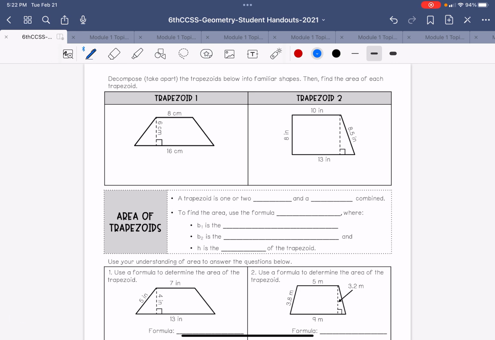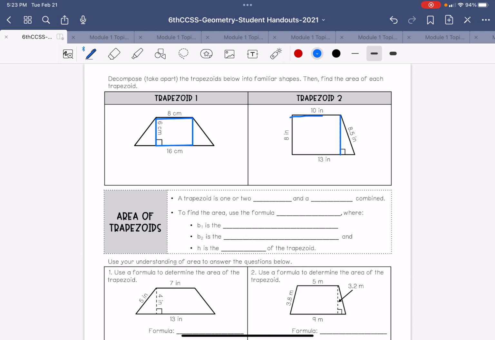All right, for a trapezoid. Trapezoids can be broken into, or decomposed into, different shapes. There's a triangle. There's a triangle. And there's a triangle. So now you have this rectangle here in the middle and triangles on each side.